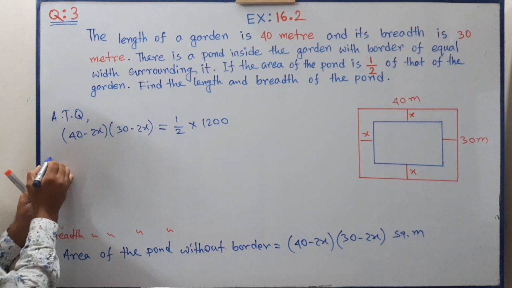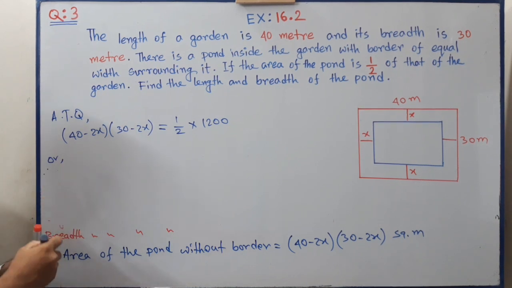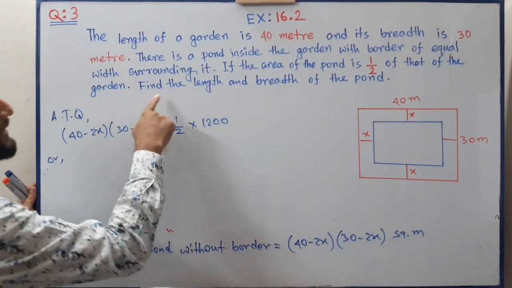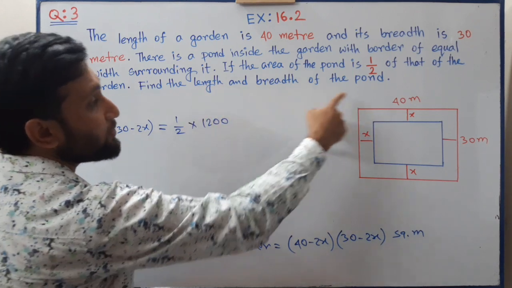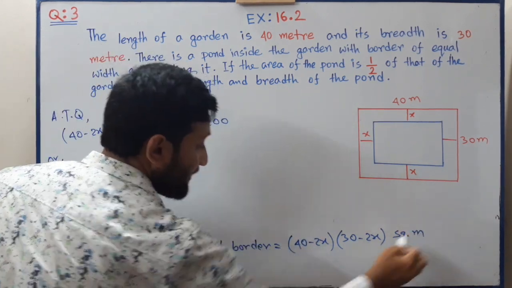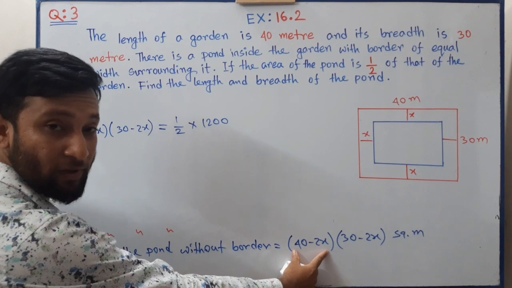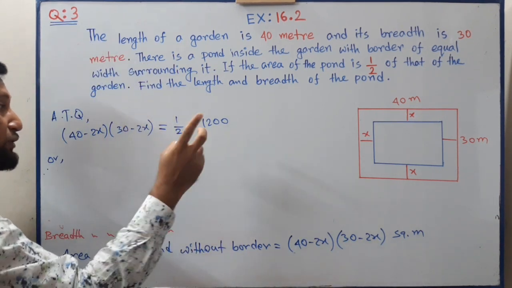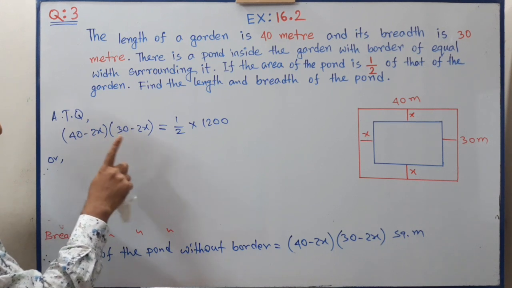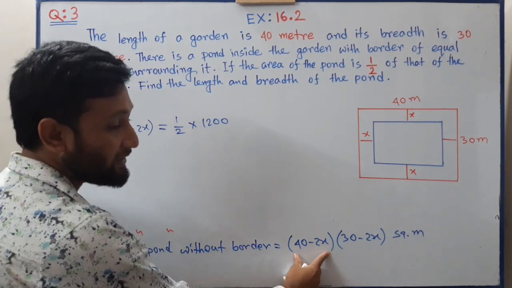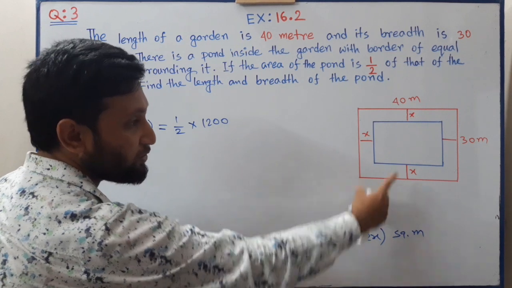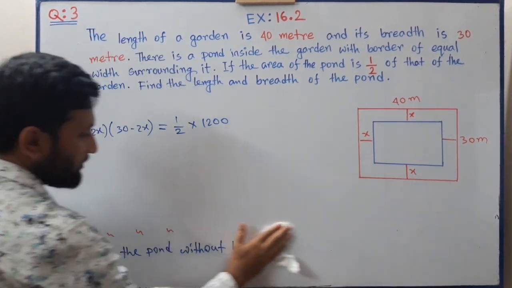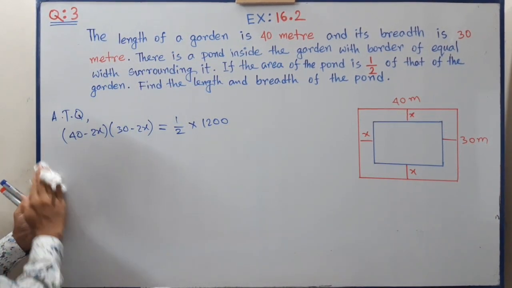Okay, so by simple calculation now we can get the solution. We have to identify the length and breadth of the pond. Length of the pond is 40 minus 2x and breadth of the pond is 30 minus 2x. If we identify the value of x, then we can easily find the length and breadth of the pond.